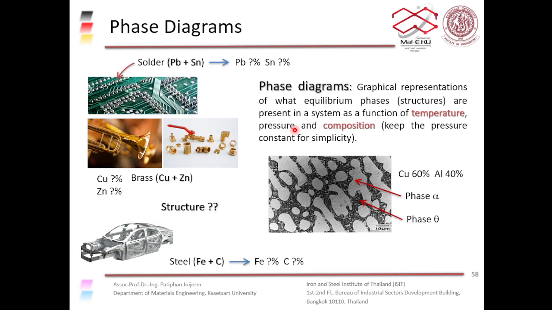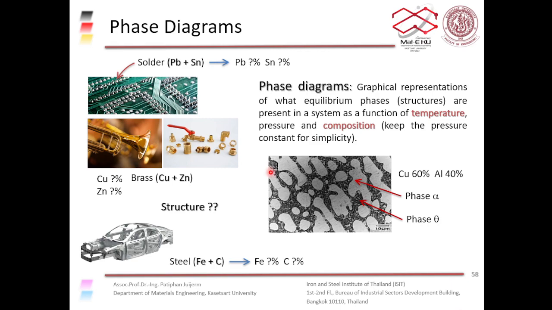So we are not really concerned about pressure. We are really concerned about temperature and composition only, right? So we use a phase diagram to design an alloy, and we choose the composition for that alloy for that application.